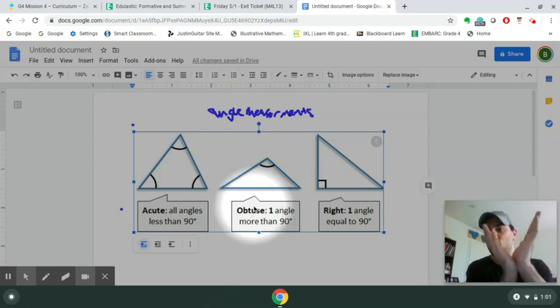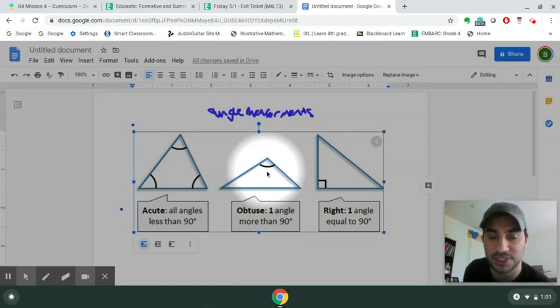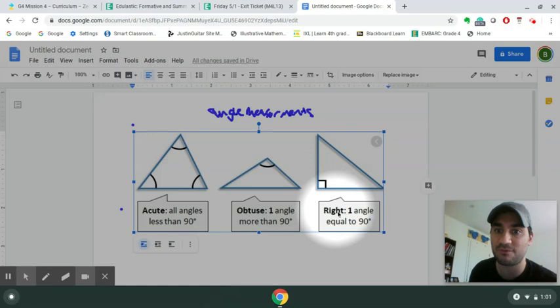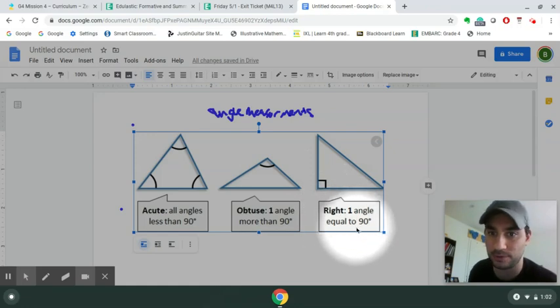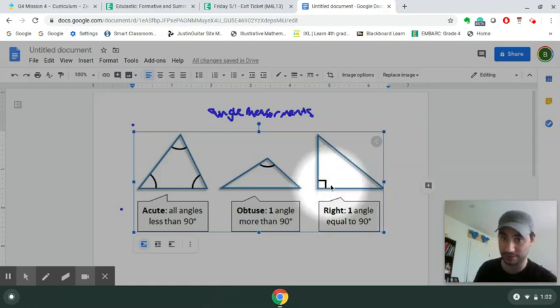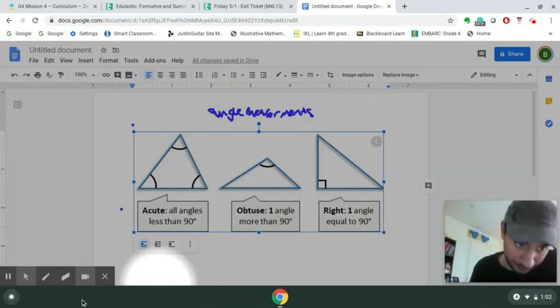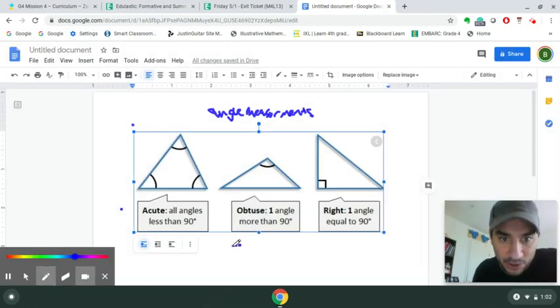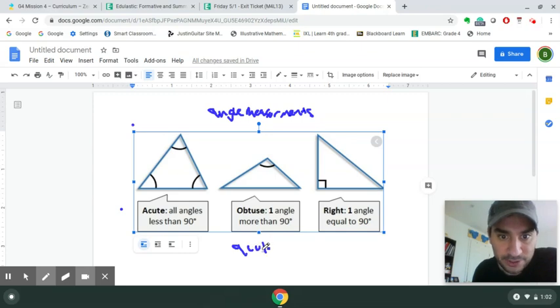Remember, obtuse means it opens larger than 90 degrees. We can see that this is an obtuse angle, so we have an obtuse triangle. And if we have one right angle, one angle equal to 90 degrees, that's considered a right triangle. So we can have acute triangles, obtuse triangles, and right triangles.